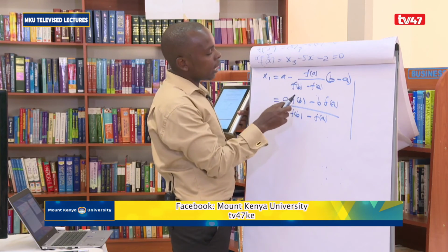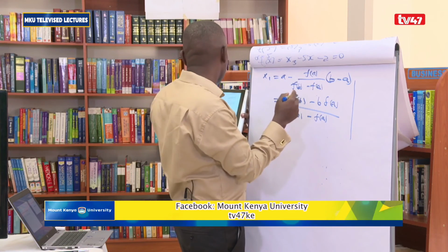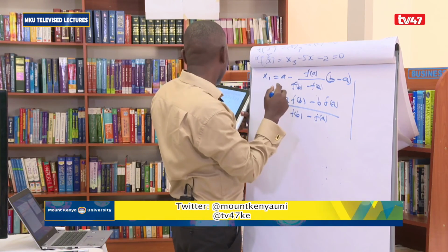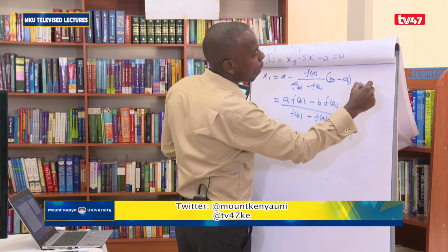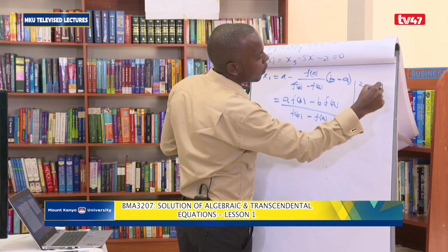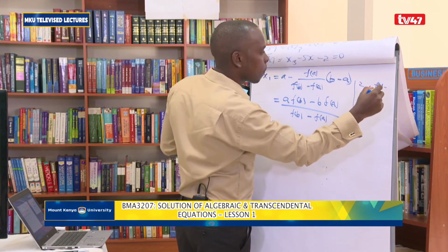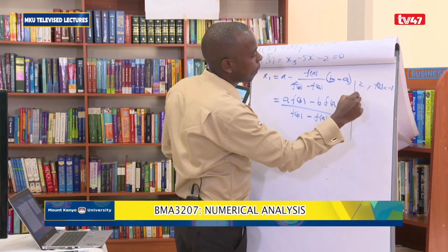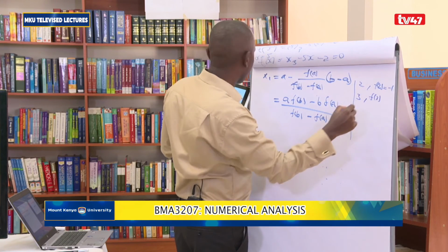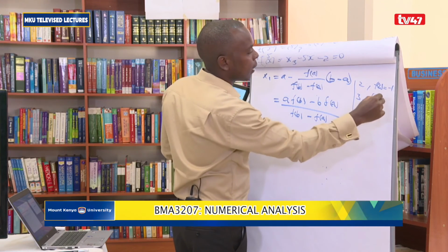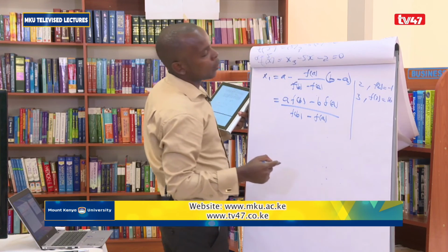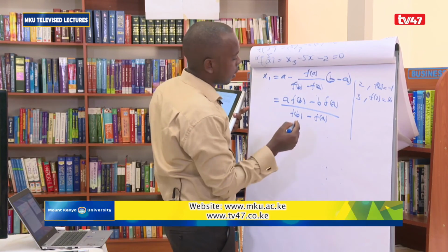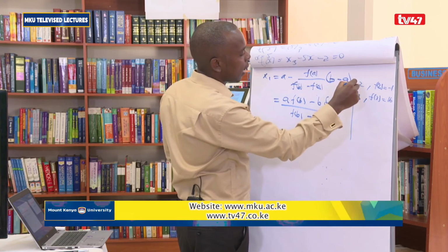So we had 2, and f of 2 was -1. And then we had 3, f of 3 is 16. So once we note that, we know that this is a.